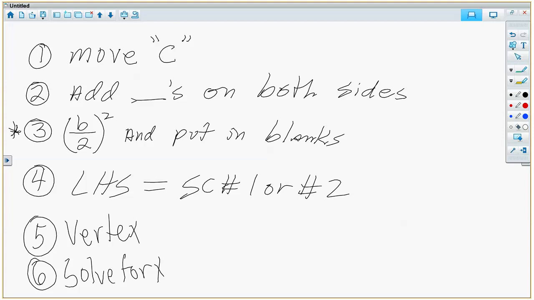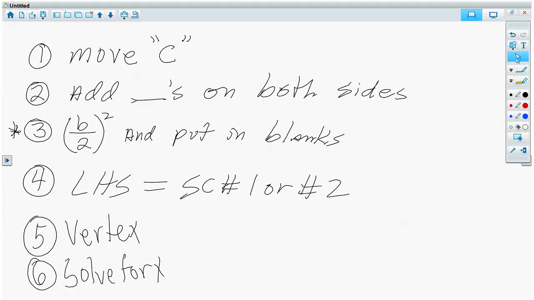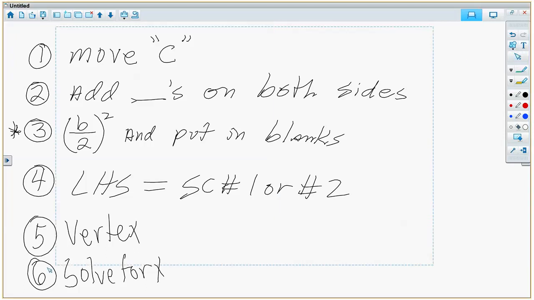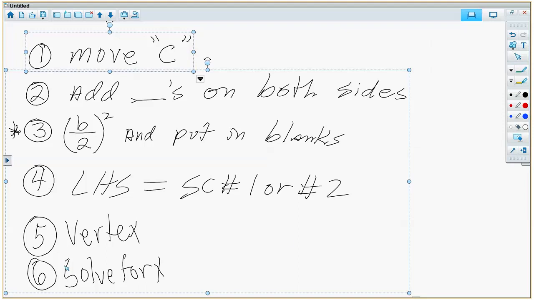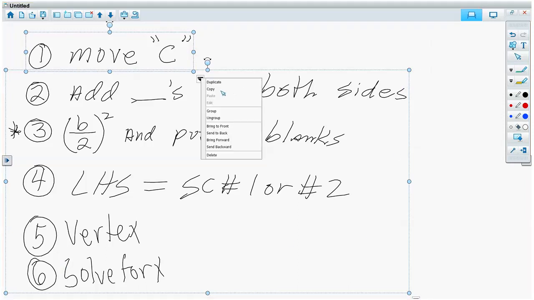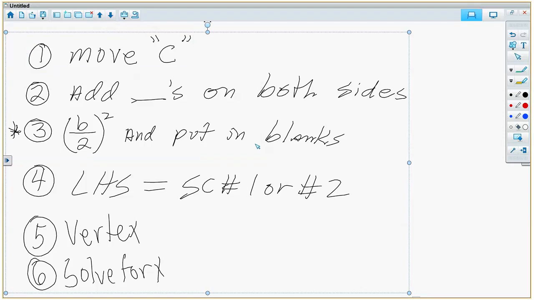So, let's do one. Now, I don't know how long that took you to draw in your notebook. Hold on a second. What does LHS stand for? Left-hand side.